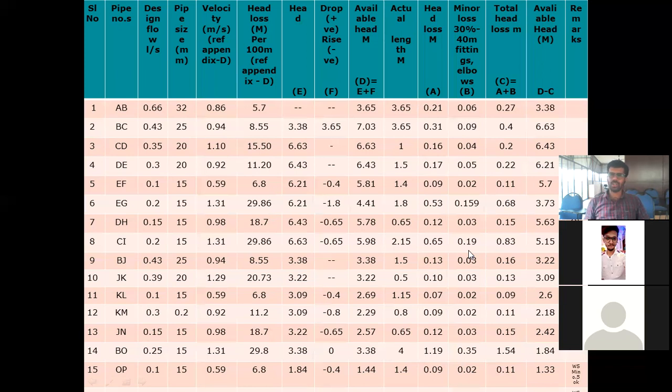In the normal case, for a 1 or 2 story building or a normal house, if the client agrees, we can keep a stand on the roof at a 3 meter height. From there we allow the water to come to different fixtures, so provided that, we'll get at least 2 meter head. If not, we'll adjust by sizing the pipe in such a way that we keep this head at 2 meters.